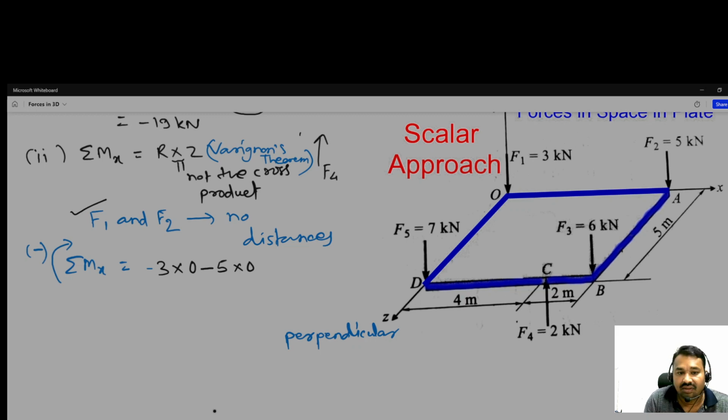And what about 6? See here, suppose this is P, the resultant.